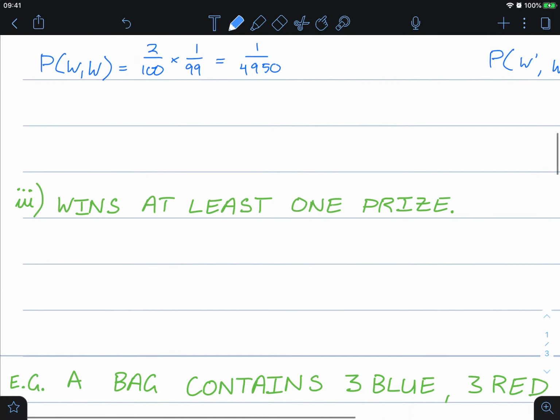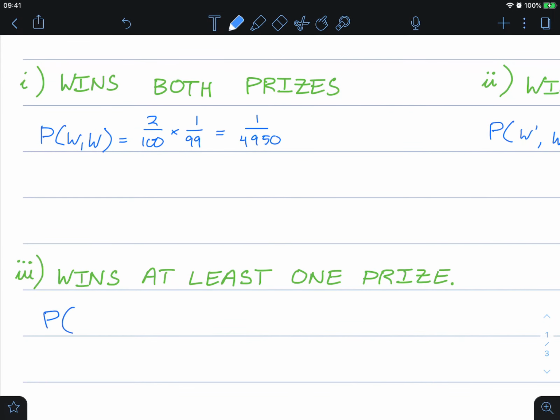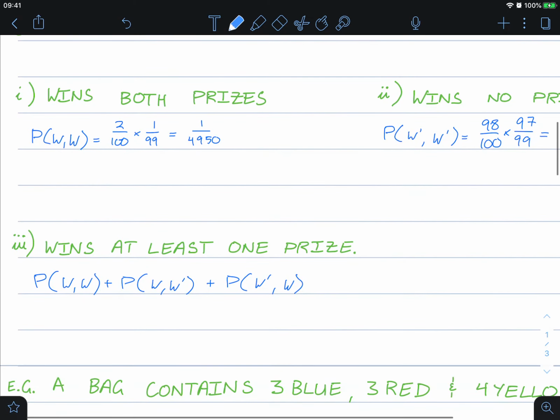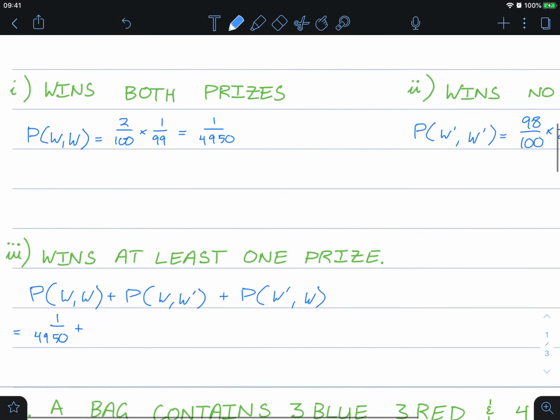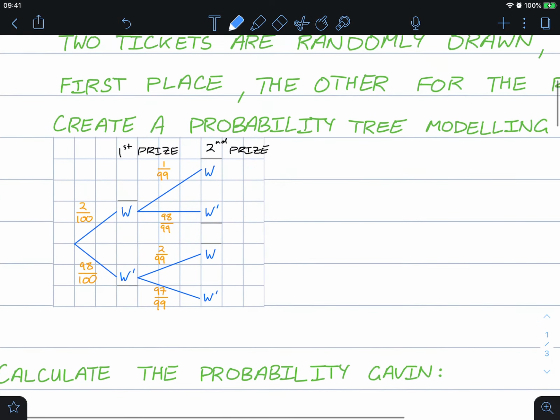So that's the same as probability of win, win, plus the probability of win, lose, plus the probability of lose the first and win the second. We already have this probability. Not going to calculate it again. 1 over 4950 plus, calculating this, I'll do it up here.